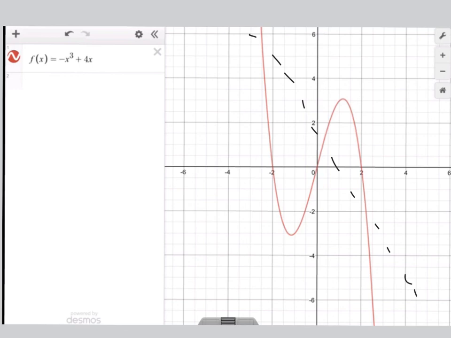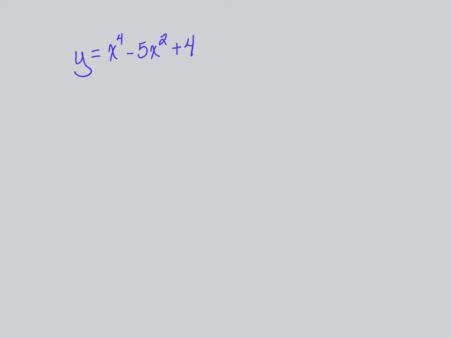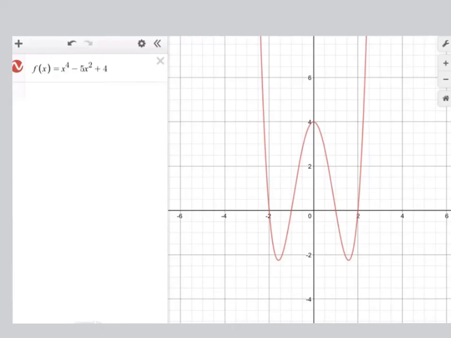Now, for my next one, I have x to the 4th, and that's all I care about. Same direction or opposite? Same, because it's to the 4th power. Both up or both down? Both up. Excellent. There it is.